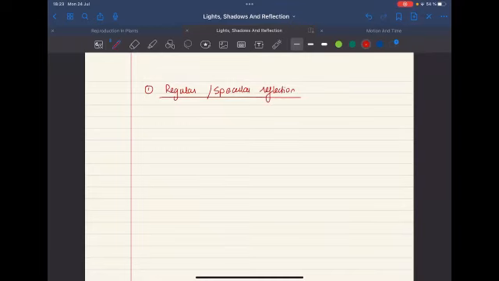It's a perfect reflection. Incident rays are falling, and each ray is getting reflected properly. This is called regular or specular reflection. So here you have a clear and sharp reflection.